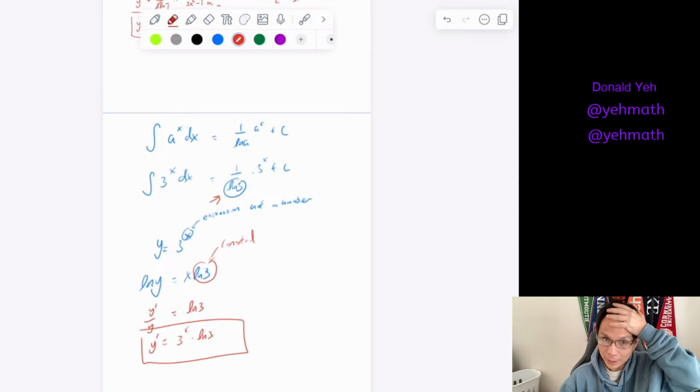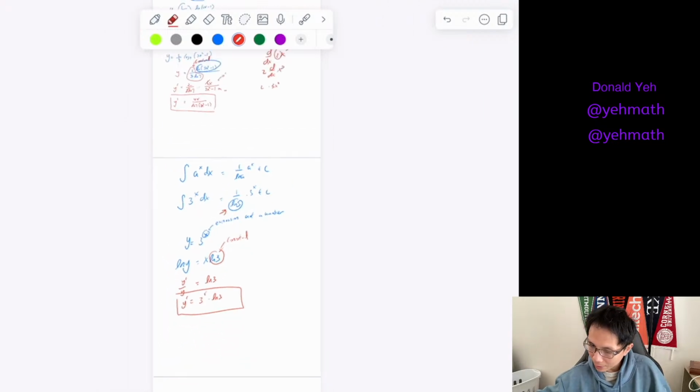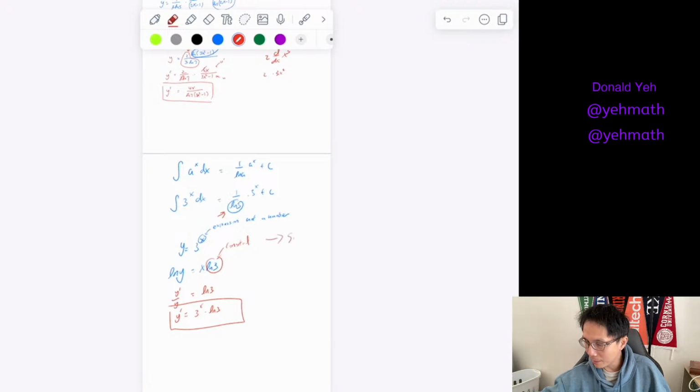For the derivative of a constant to a power of x, you can take a derivative by taking the natural log of both sides, and you get y prime over y equals ln of 3, so y prime is equal to natural log of 3 times y, which is 3 to the x. Same exact process as before, same as y equals x to the x, but just ln of 3 is a constant.